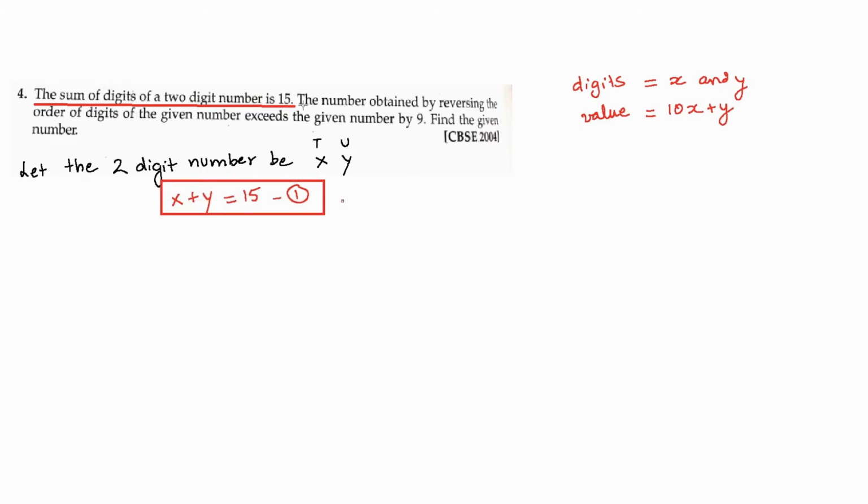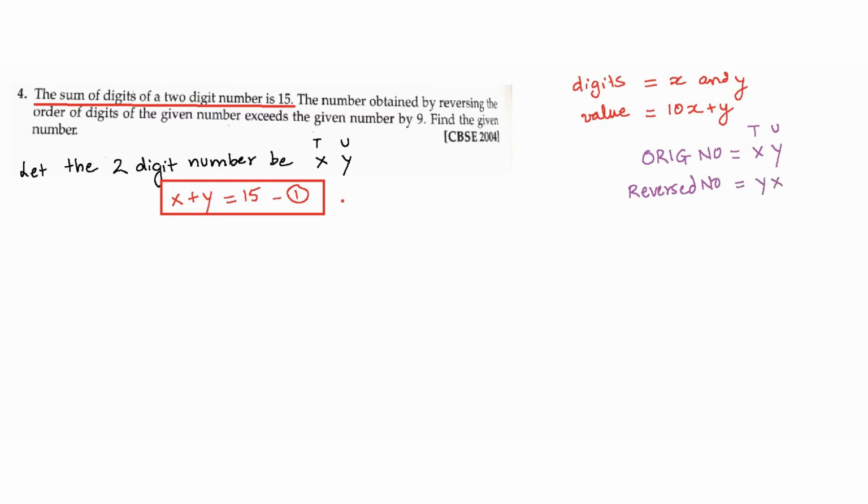And it is also said the number obtained by reversing the order of the digits. So what is my original number? The original number is xy, where x is in the tens place, y is in the units place. If I reverse the digits, the reversed number will therefore be yx.